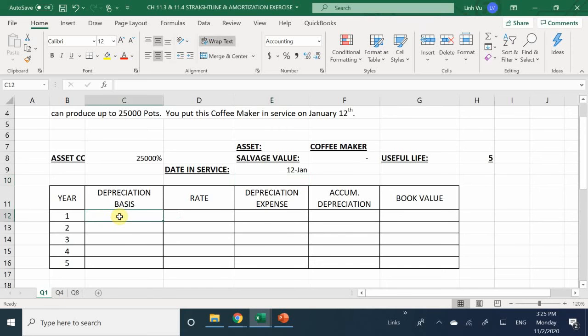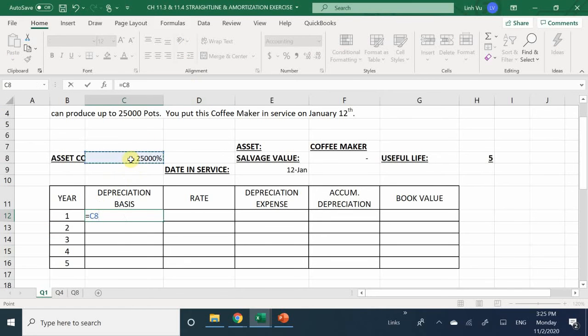All right, so what's my depreciation basis going to be? It's going to be 250 minus your salvage value, which is 0. So it is just 250.